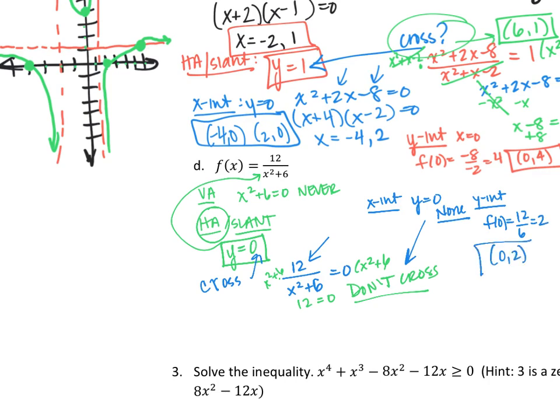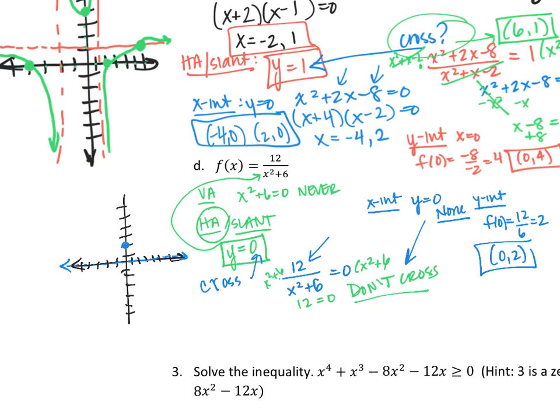So it doesn't feel like we have that much information, but let's see what kind of graph we can make out of these details. I'm going to plot some points on here. Let's see, we have (0, 2). We have a horizontal asymptote at y equals 0.